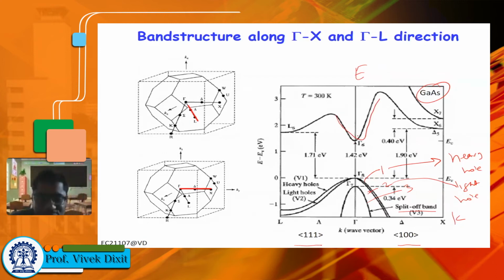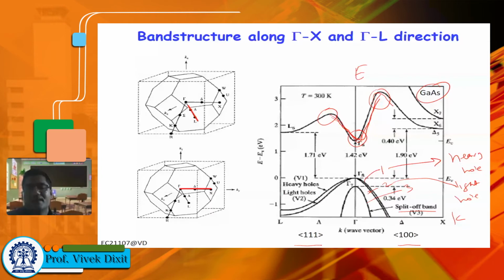Now you notice here, the same curve is curving up here, it is curving down here, right? So if you look at a particular position, the same curve may be part of the conduction band, may be part of the valence band. But what is important here is the Fermi level.